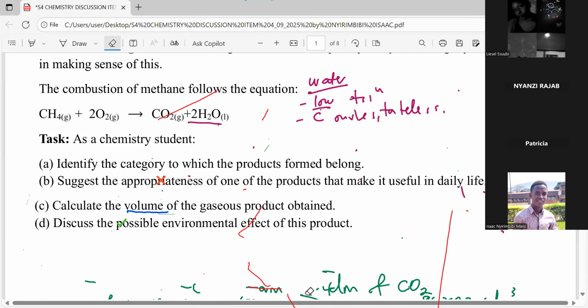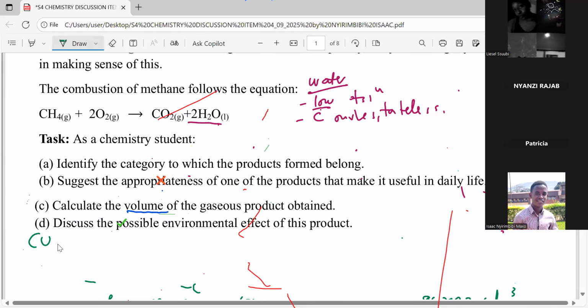Do you think you can give us a very good pregnant point? I normally call it a pregnant point. I can try. First of all, carbon dioxide is a greenhouse gas.